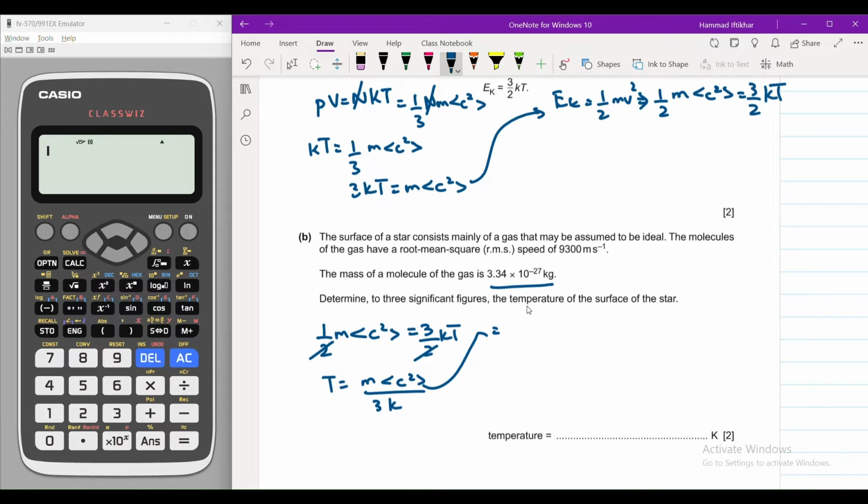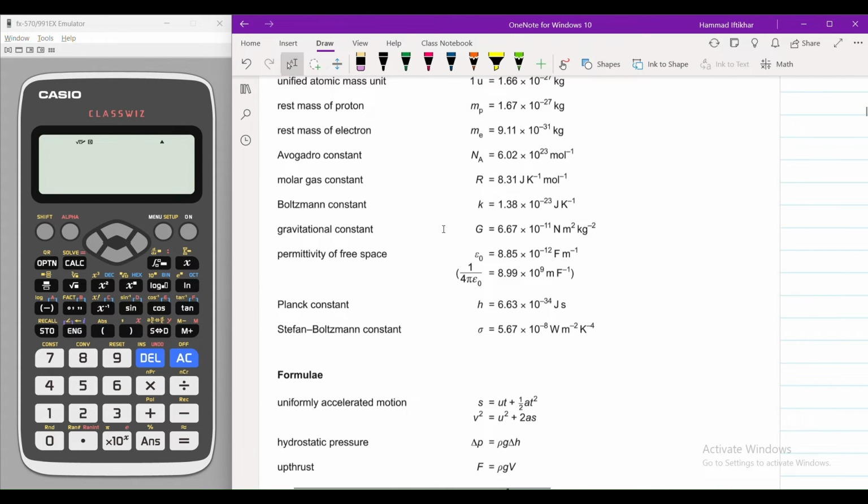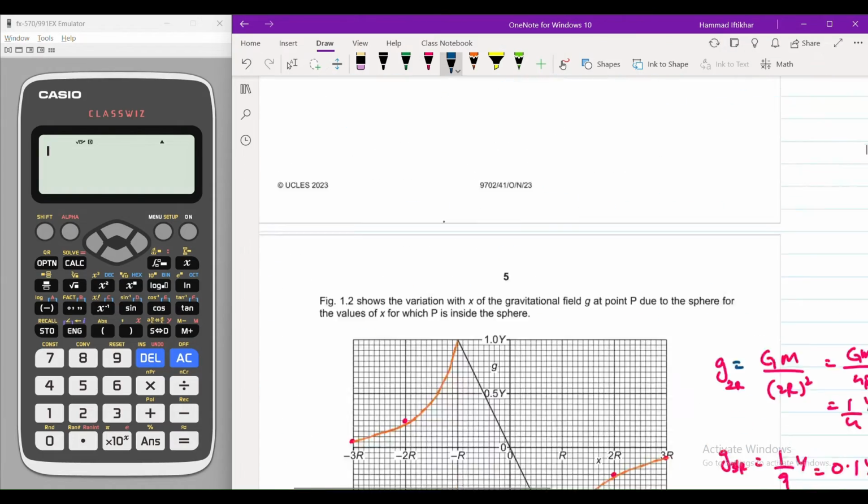So this equals the mass of one molecule, 3.34 times 10 raised to the power minus 27, times the speed 9300 squared, divided by 3 and the Boltzmann constant. We can check the Boltzmann constant value from the table given. So the Boltzmann constant is 1.38 times 10 raised to the power minus 23.